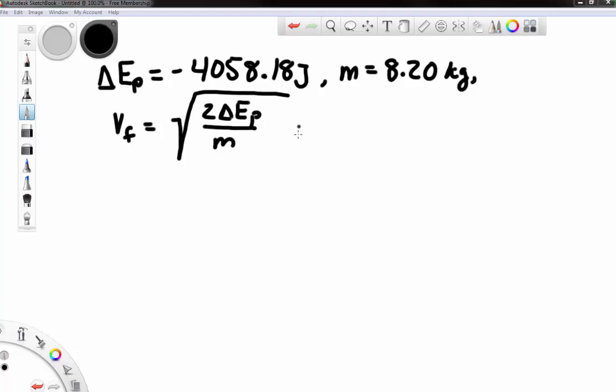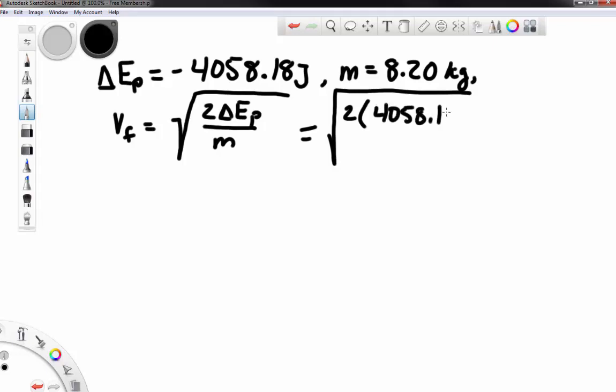This means that the final speed must be 2 times 4058.18 joules divided by 8.20 kilograms. Calculator time.